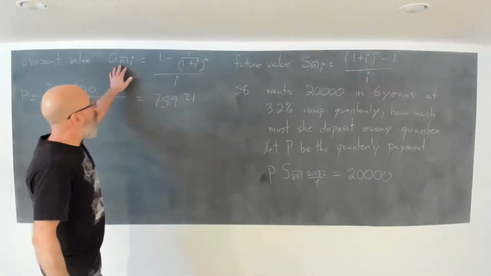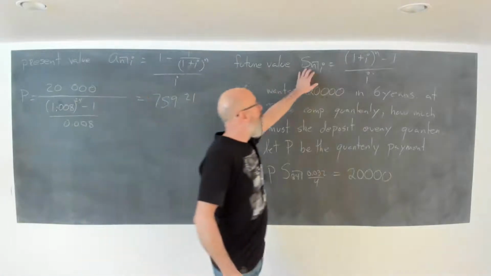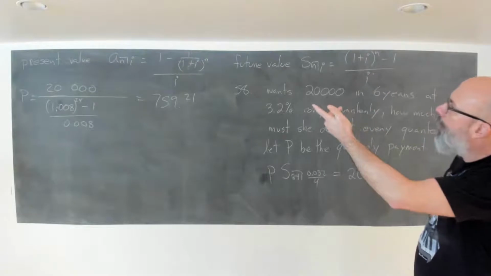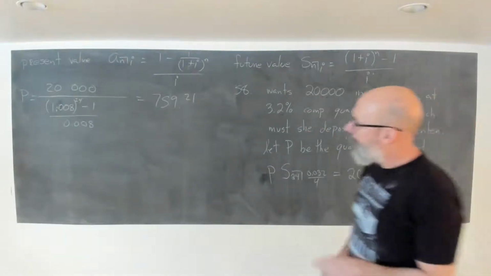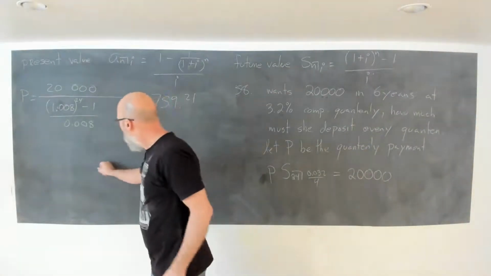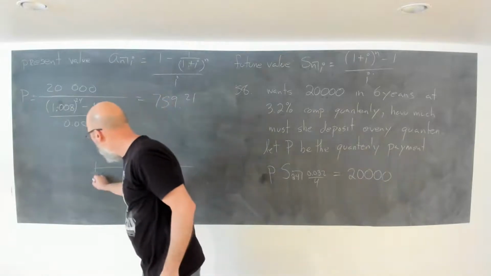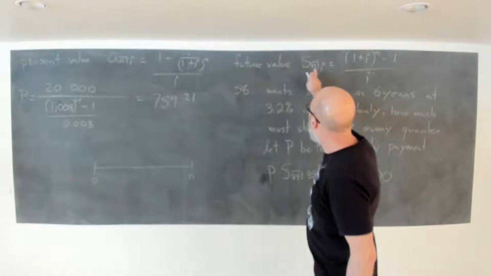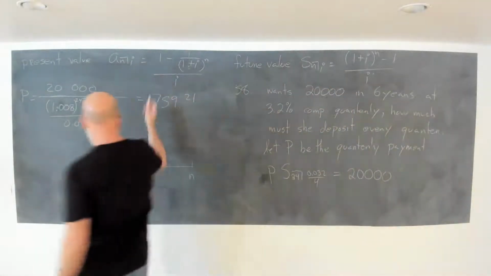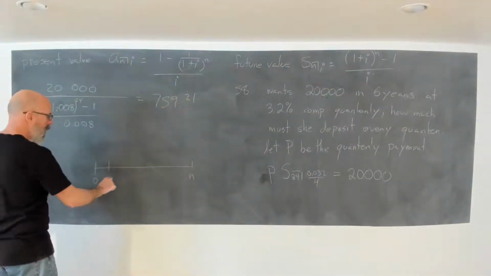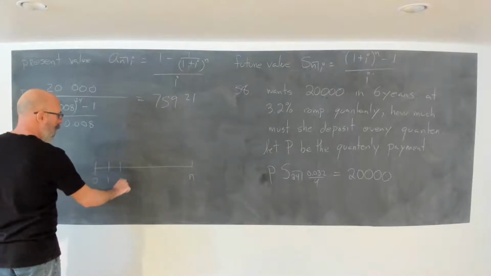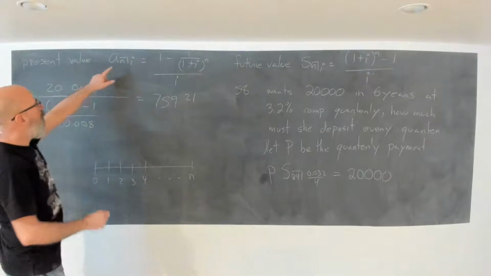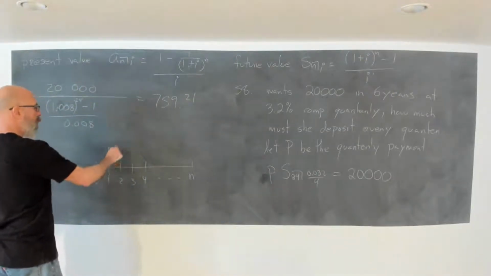Let me point out the difference between present value and future value. I know I've done it before, but first of all, these relate to the same annuity. This is the present value of $1 payments.